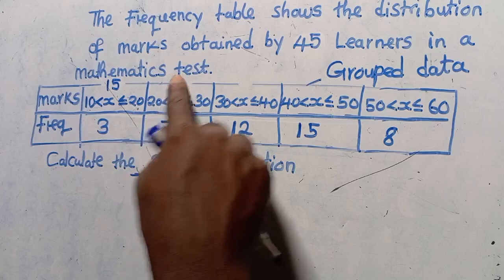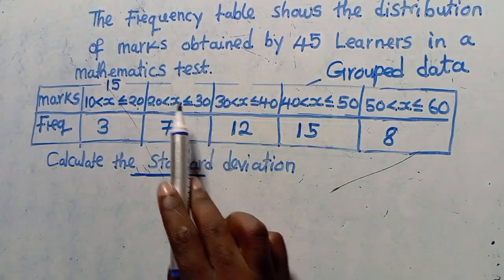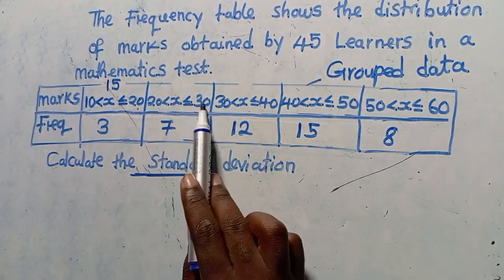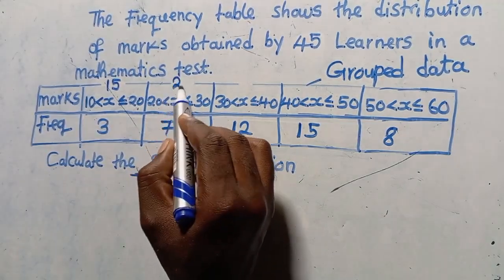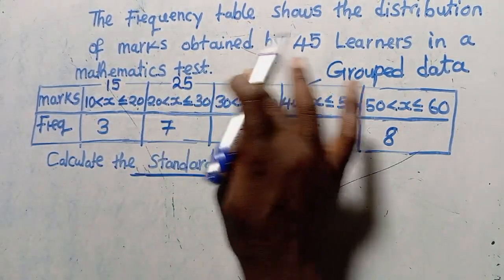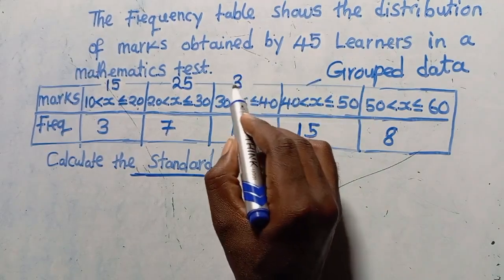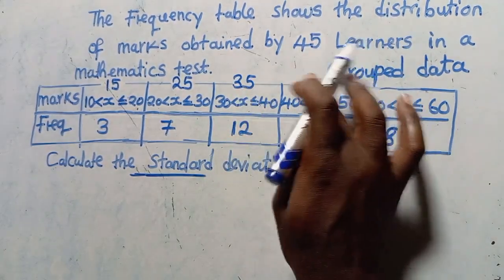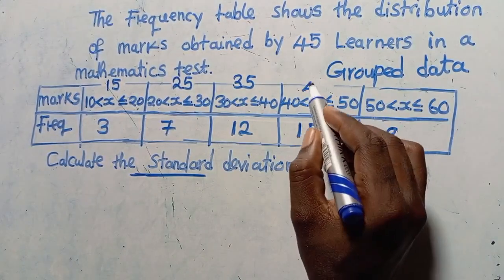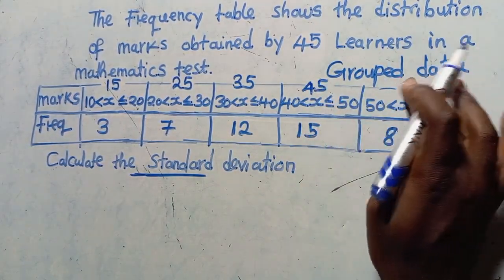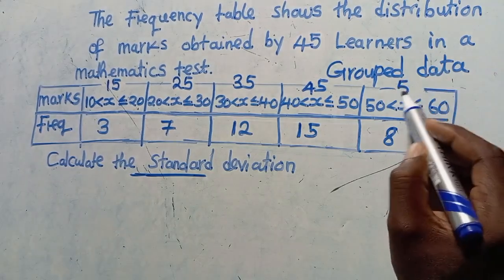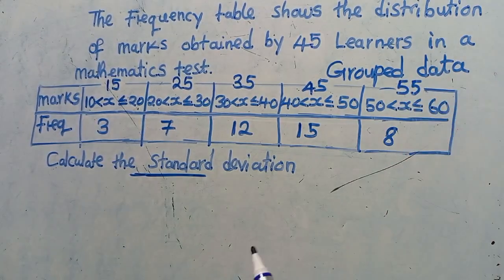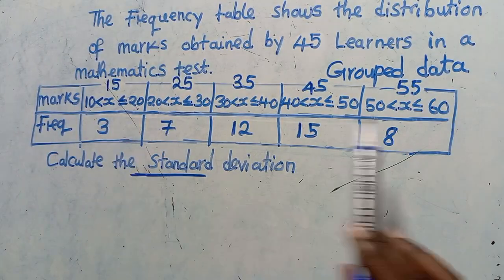This is the average we are finding. 20 plus 30 is 50, divided by 2 is 25. Here 70 by 2 is 35. Here 90, 45. Here 110, 55. So we find the middle numbers like this.